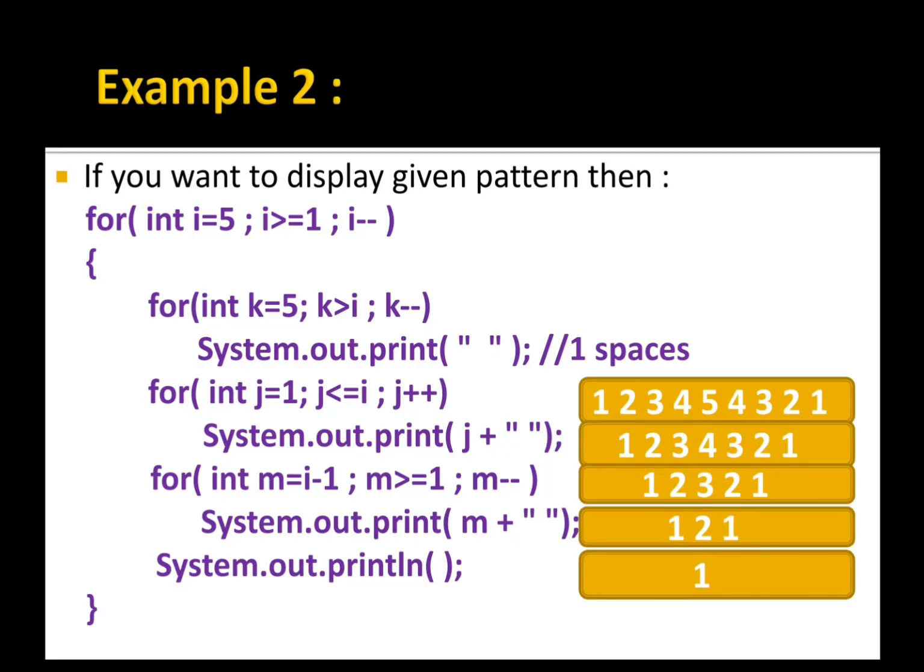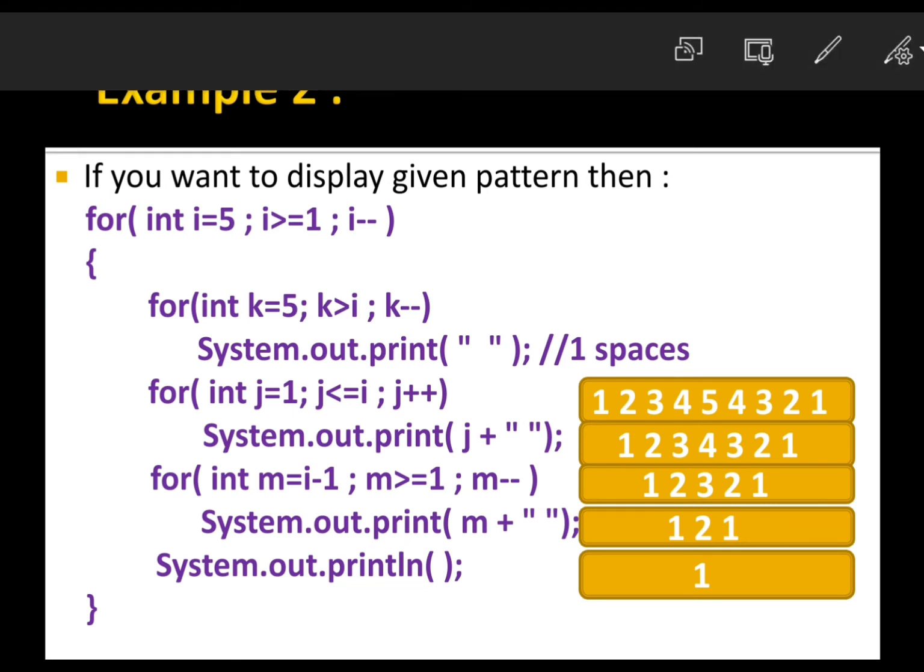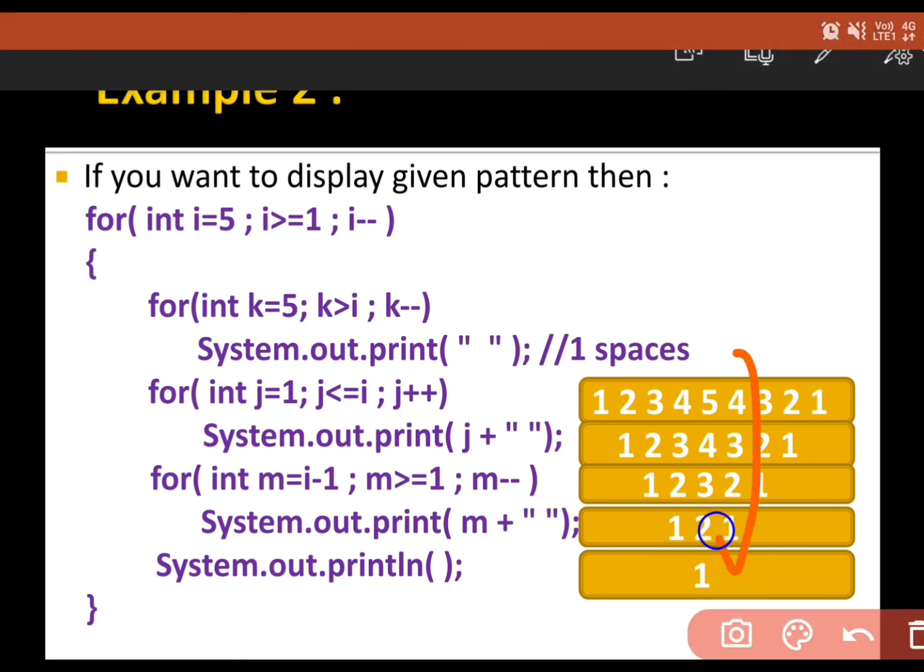See the values we are having here: 4 3 2 1, that is I minus 1. One thing you have to keep in mind, end on 1. In decreasing order, 4 3 2 1, we will display our M with the space, and then we are changing our line.